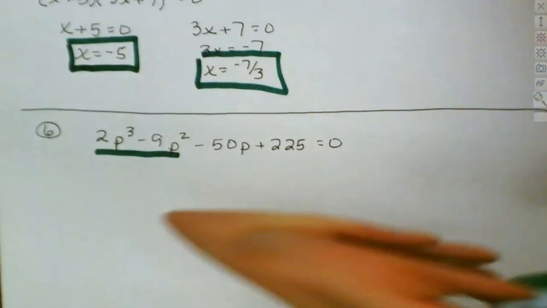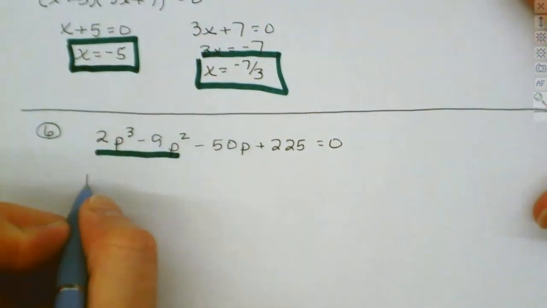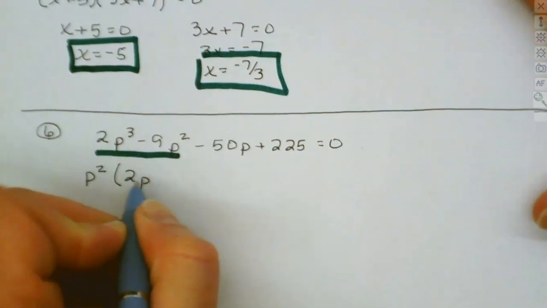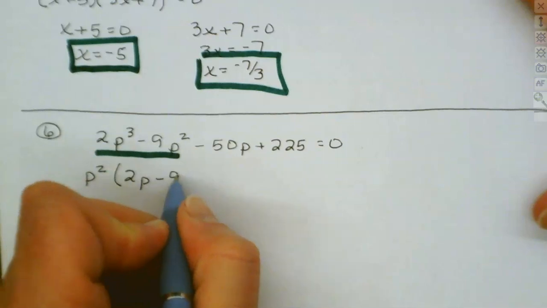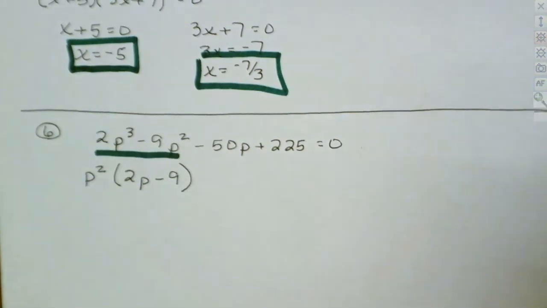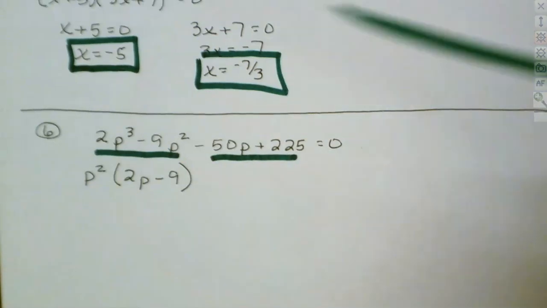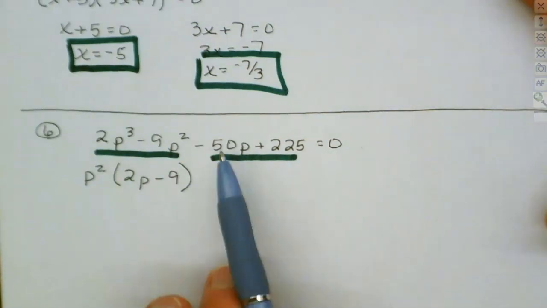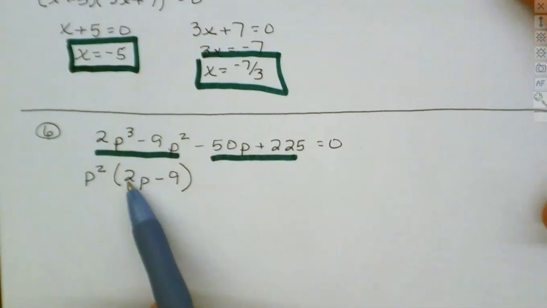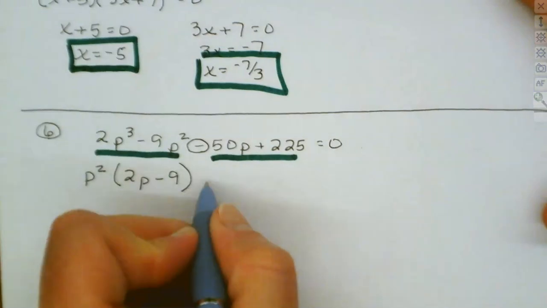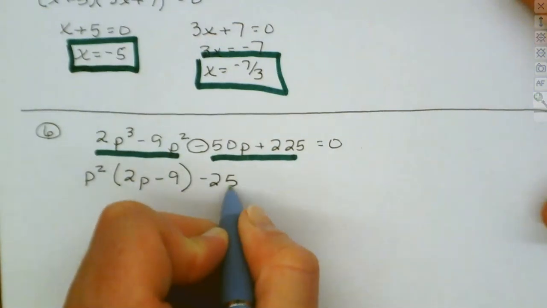So the first 2 pieces, all I can factor out is a p squared. And that's going to leave you with a 2p minus 9. Now, over here, what are we going to factor out? Well, we have a 50 and a 225. We need a 25. So 50 divided by 25 is 2. It's negative, so we're going to factor out a minus 25.